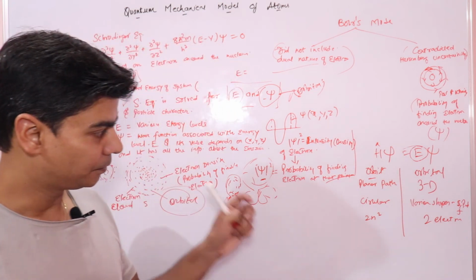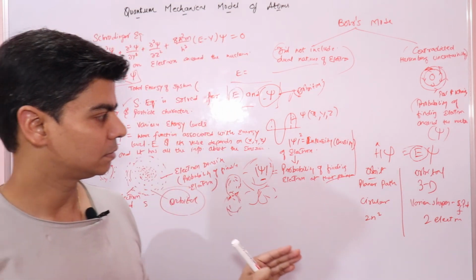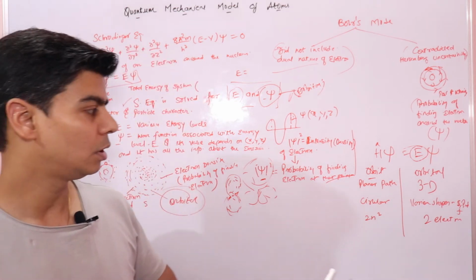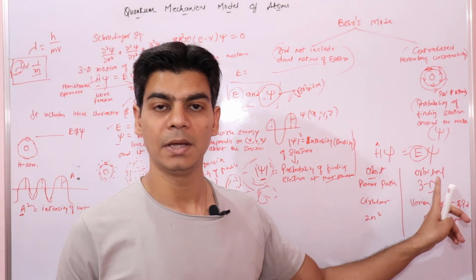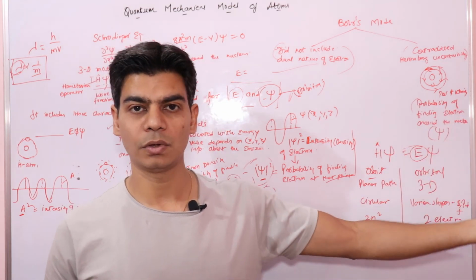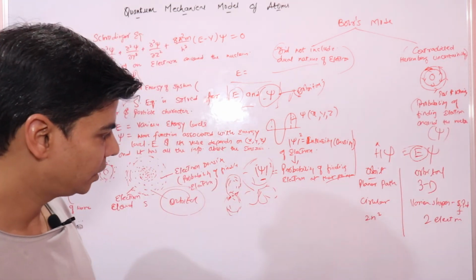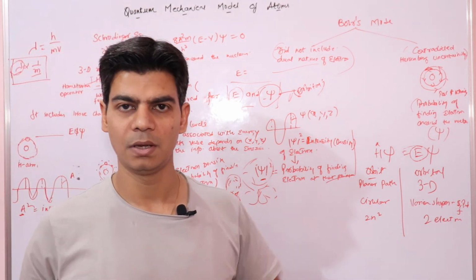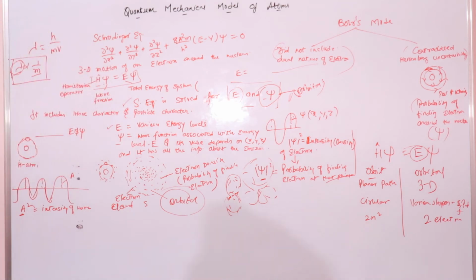The important thing we got to know in this wave mechanical model is the concept of orbital, and we would be using this in the electronic configuration of elements, where we fill electrons in various orbitals: s, p, d, f. I hope all this is clear to you.